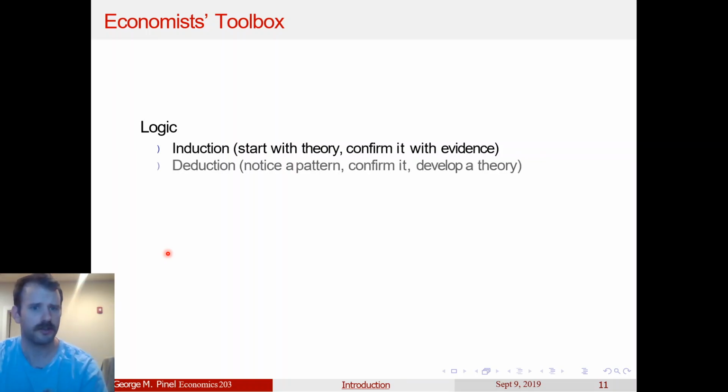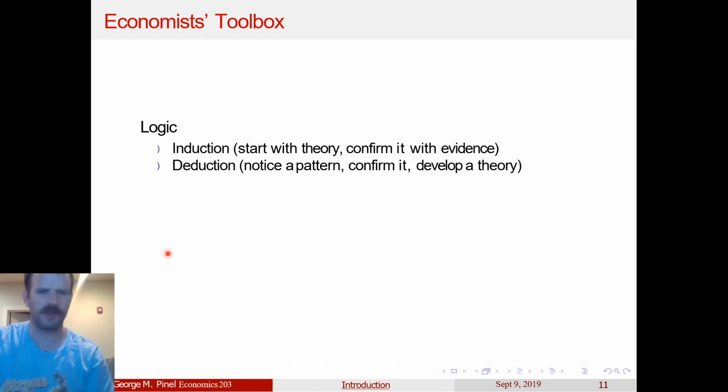Alternatively, you have an approach called deduction as well. Deduction will be like, okay, I'm looking at a list of states that have high unemployment and states that have a high minimum wage. Let's say I see New Jersey's got high unemployment.